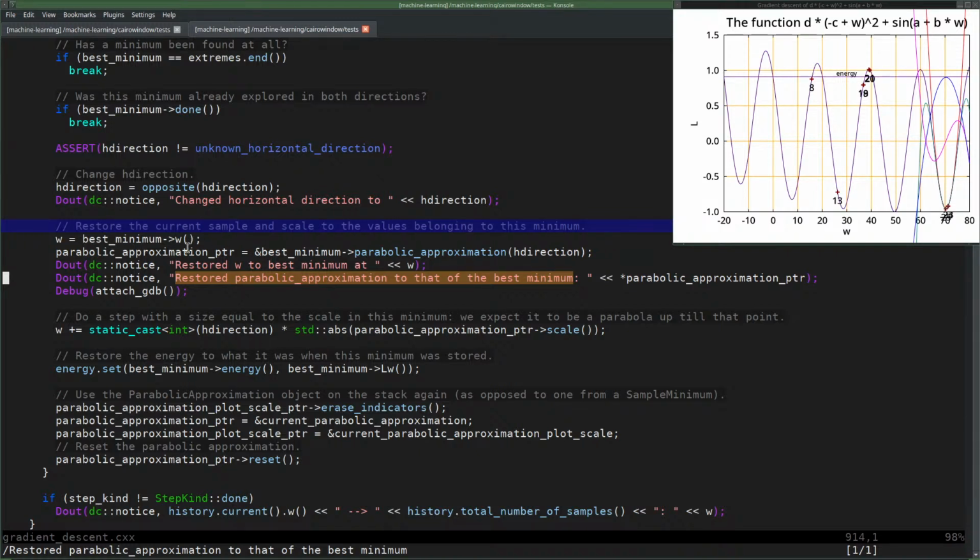Oh yeah, that is set, and we print that that is a minimum, as it should. Then we go into the debugger, and I'm currently in the debugger on this line.